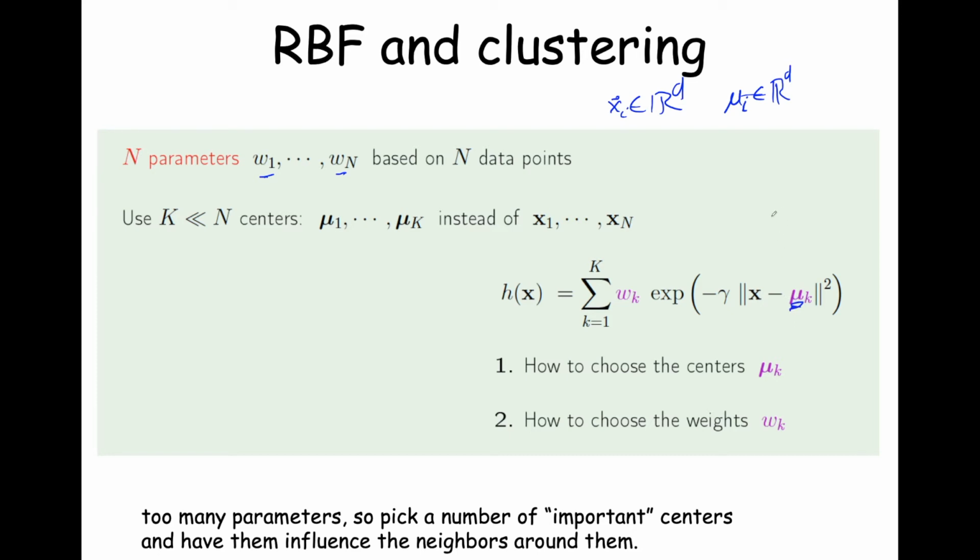So it's the radial distance with respect to each center instead of with respect to each in-sample point. So this then changes the learning problem for radial basis function clustering purposes: how you choose the centers, the mu's, and then also how you choose the weights.